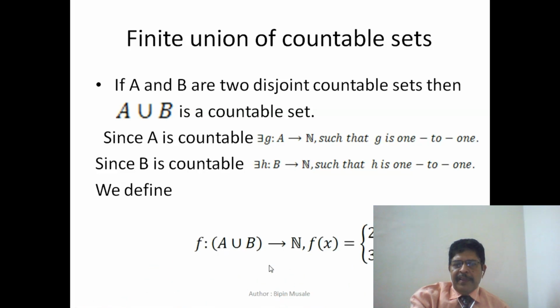This is that way. We define f from the union of the two sets into N such that f of x equals 2 raised to g of x if x is in A, and f of x is equal to 3 raised to h of x if x is in B. Now the problem which occurred earlier is resolved, because even if x is in A and x prime is in B, and even if g of x is equal to h of x prime, still 2 raised to g of x can never be equal to 3 raised to h of x prime.